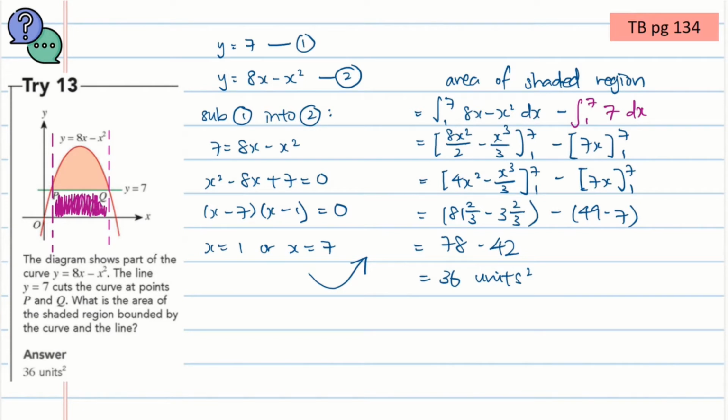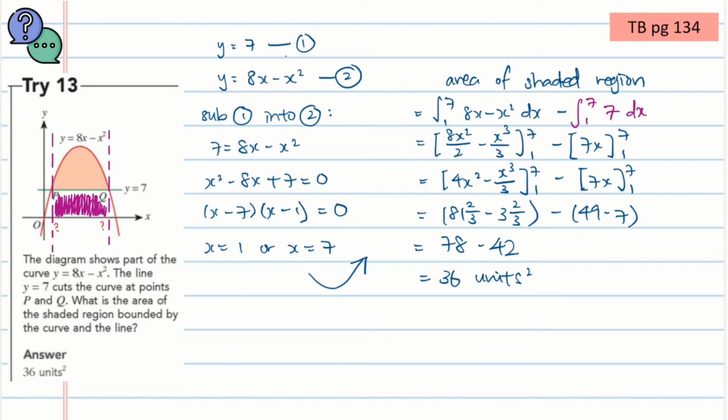The first thing that we need to do is to know what is the value of the boundaries, because the question did not give us that. Since we know that the line y equals 7 and the curve y equals 8x minus x squared intersect at the points P and Q, the x coordinates of P and Q give us the boundaries that we want.